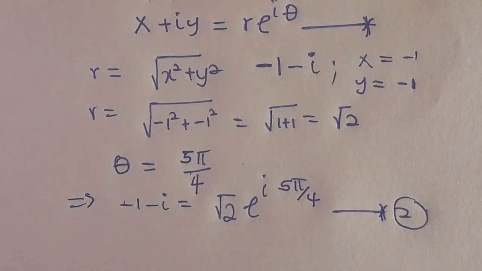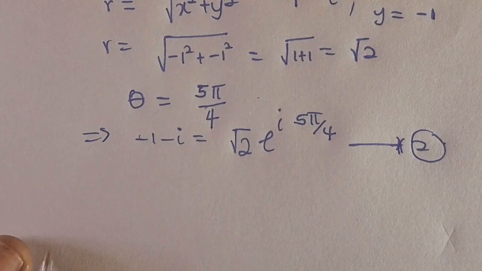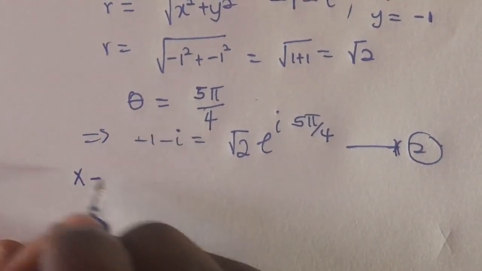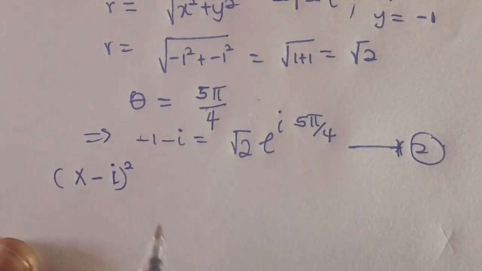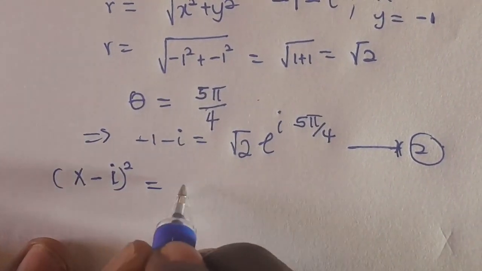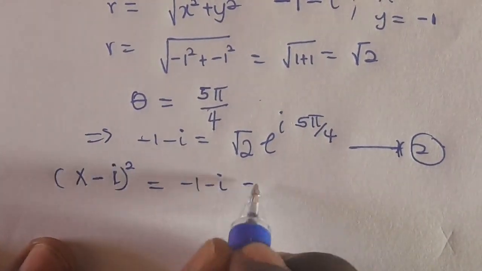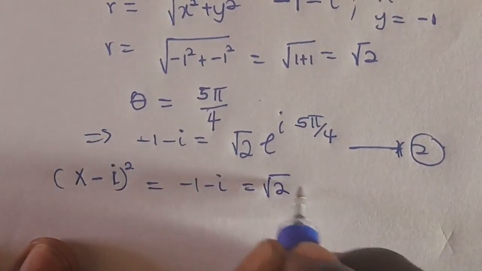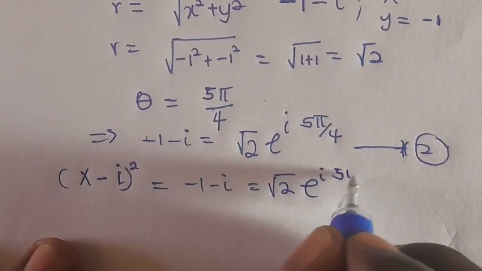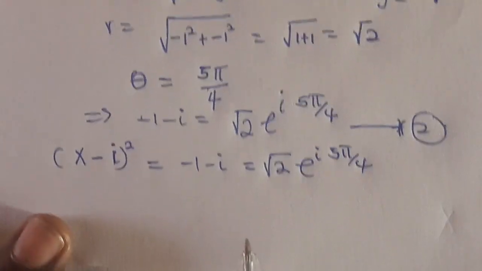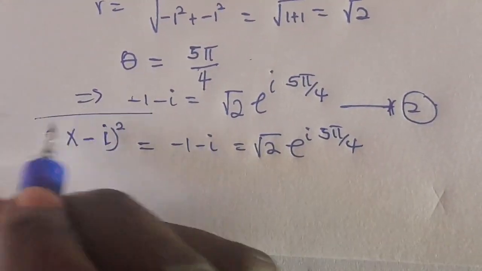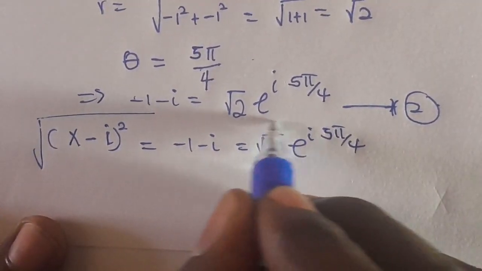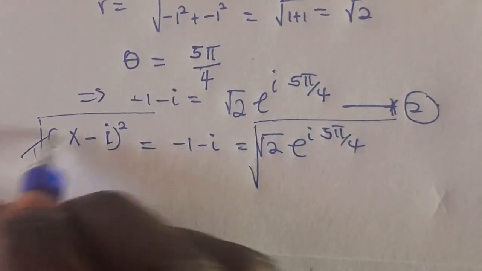When you substitute equation 2 into equation 1, we have (x minus i) all squared equals minus 1 minus i, which equals root 2 e to the power of i 5 pi divided by 4. Taking the square root of both sides, the square and root cancel.